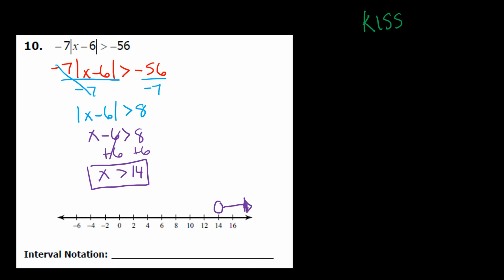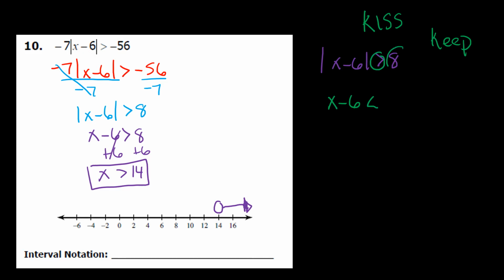Now for the KISS method one, when we write out the absolute value of x minus 6 is greater than 8, when we apply that KISS method, remember the K stood for keep. So you keep the absolute value the way it is. So we'll say x minus 6. And then the SS, well, you're going to switch the sign. So now it turns the other way.